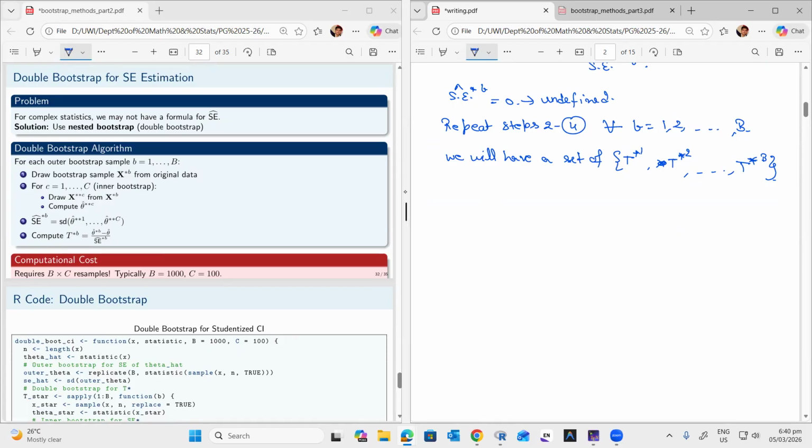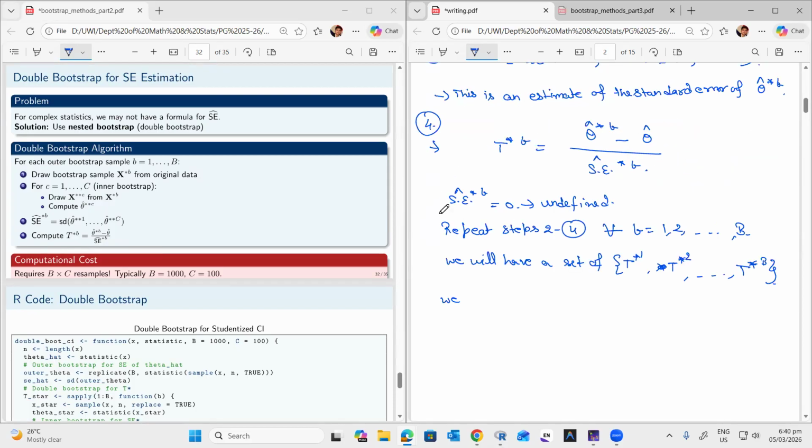This is step 5, and this will be our step 6. Here we will compute the alpha by 2 and 1 minus alpha by 2 quantiles.